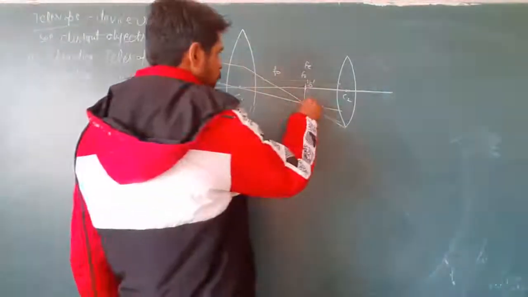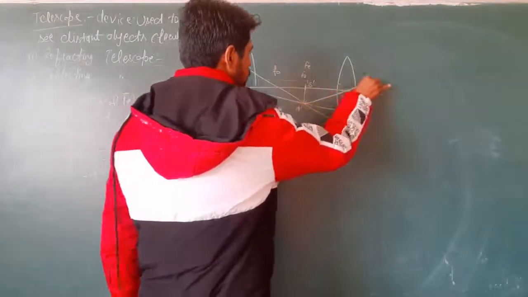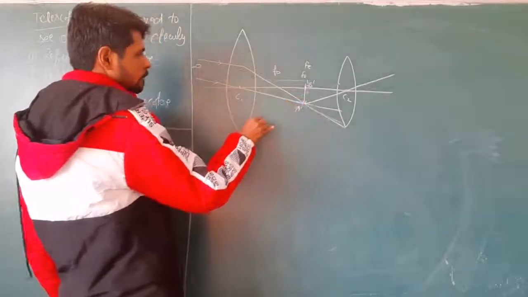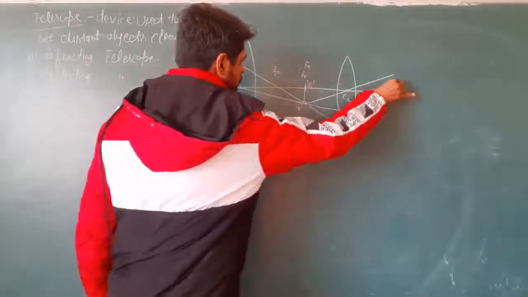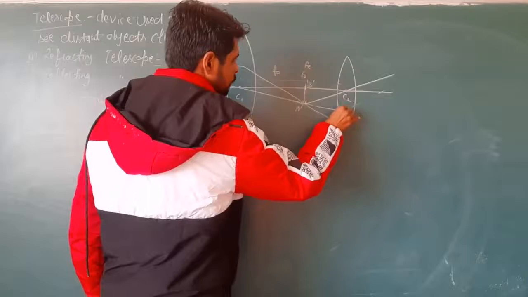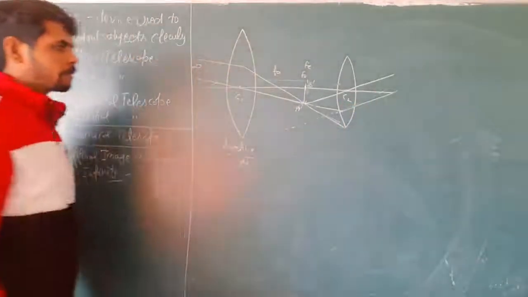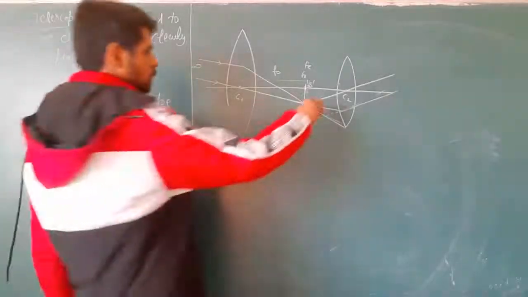At infinity, rays will go parallel. So first ray is going from optical center, it will pass straight through, extend on back side. Another again this is on parallel on the other side. Like this.